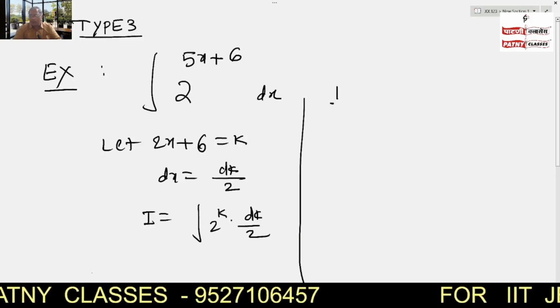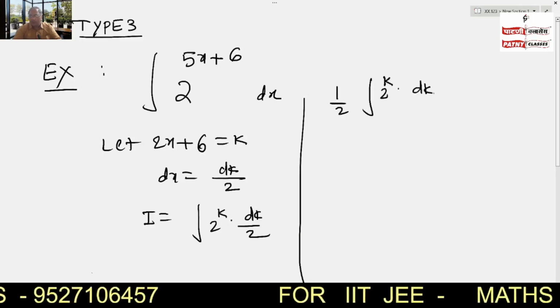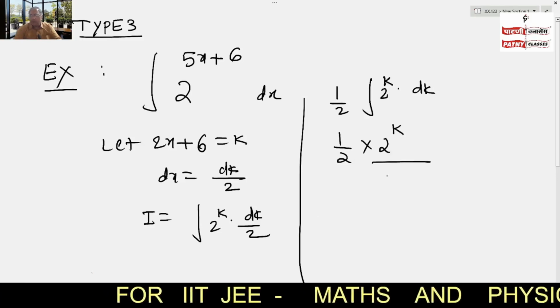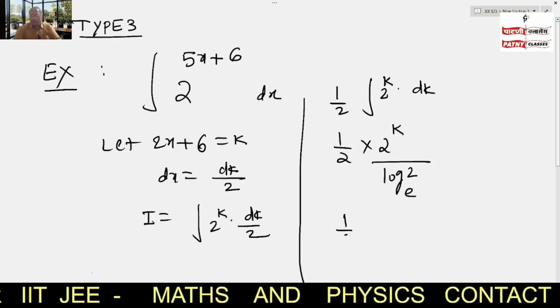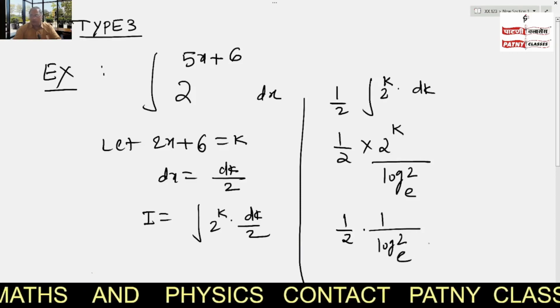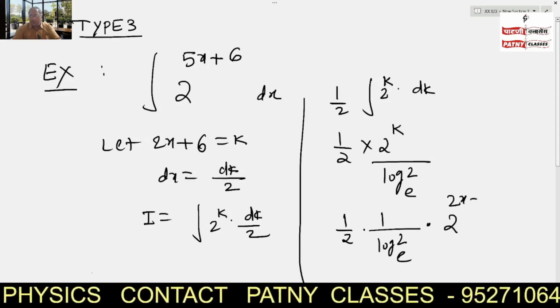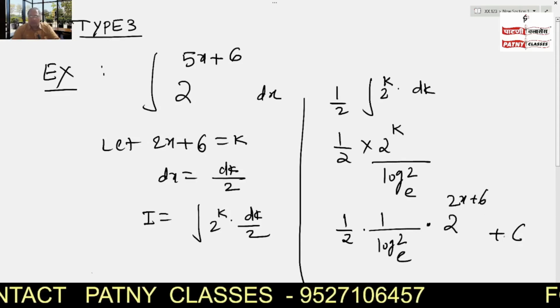Then 1 by 2 common, integration of 2 raised to k dk, 1 by 2 into 2 raised to k upon log 2 to the base e, and back substitution, k value is 2x plus 6 plus c. This is the answer of given example.